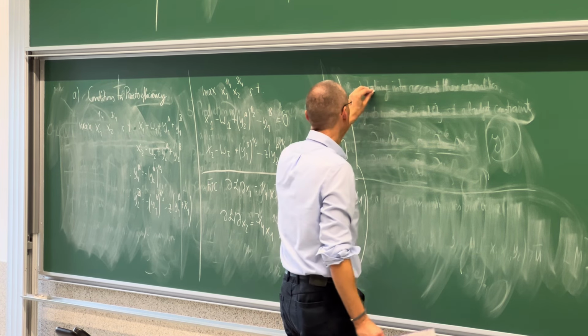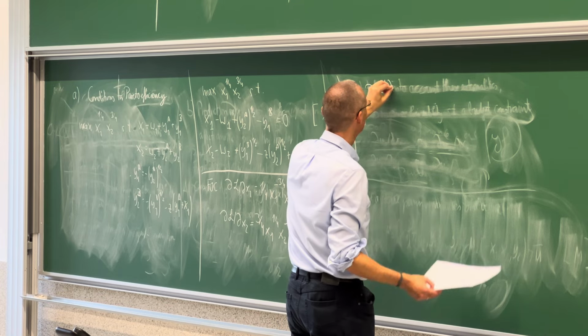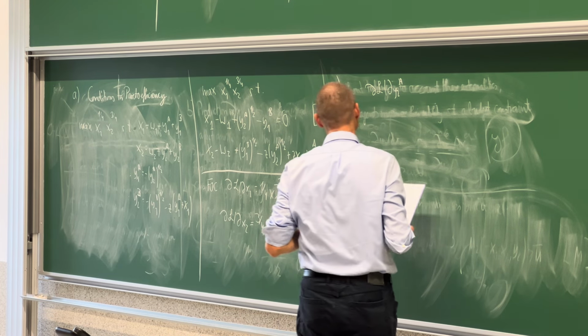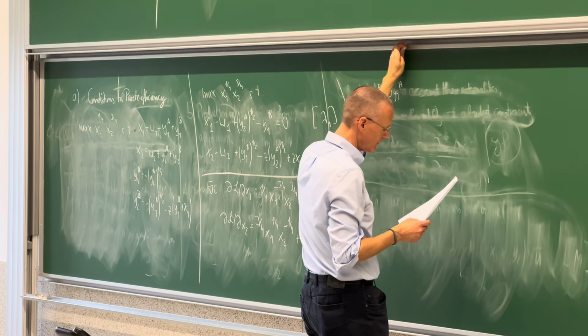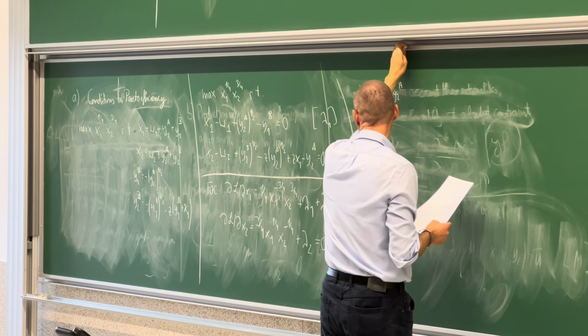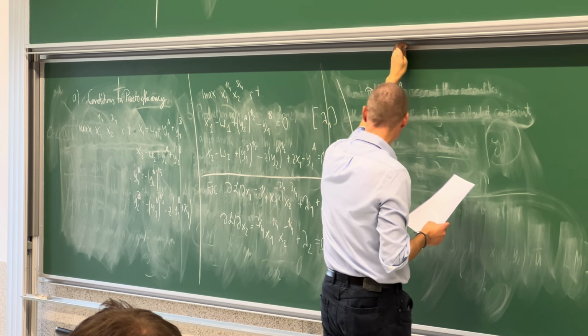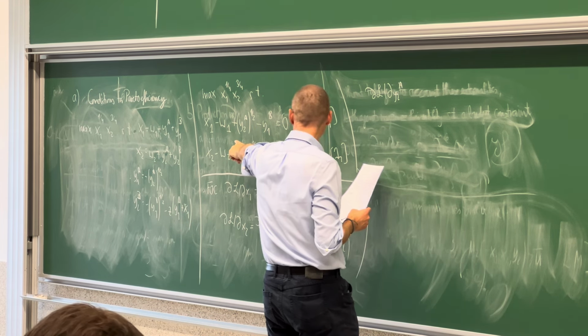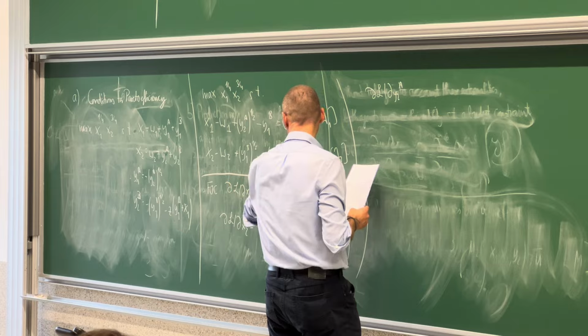Now, the production first order conditions for firm A: lambda 1 plus lambda 2 zeta. y2A doesn't appear in the objective function, but in the constraints. Remember, y2A was first in the first one, and it was in the second.